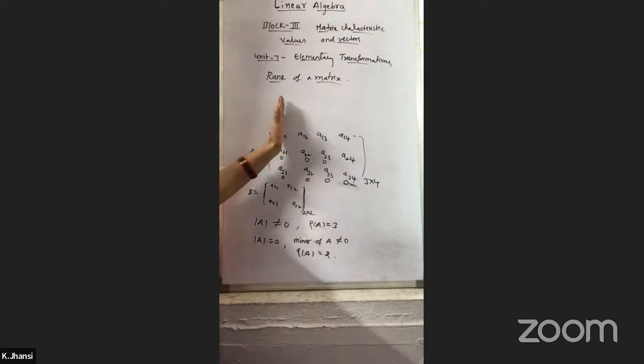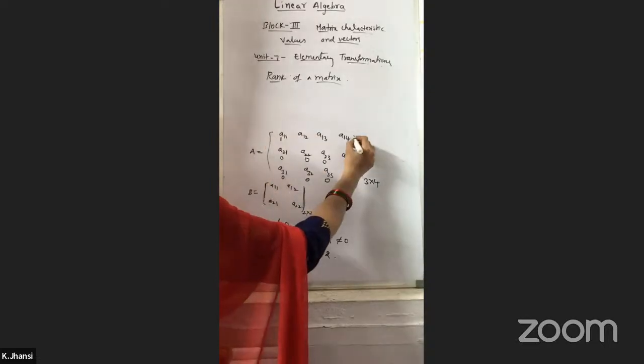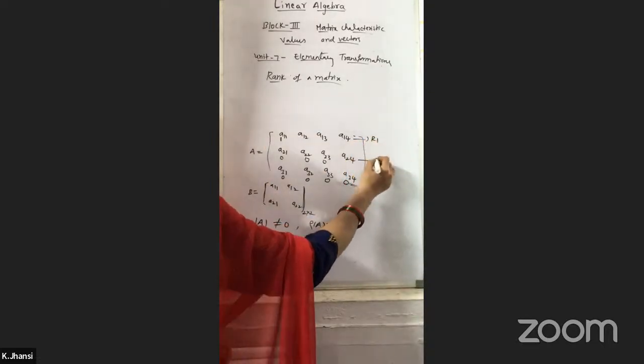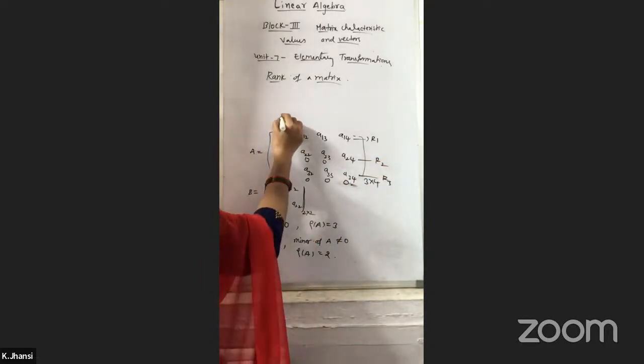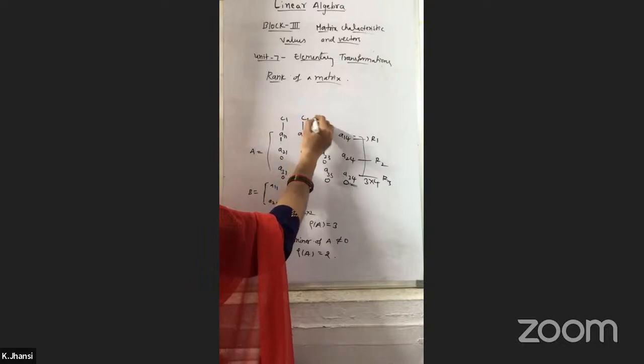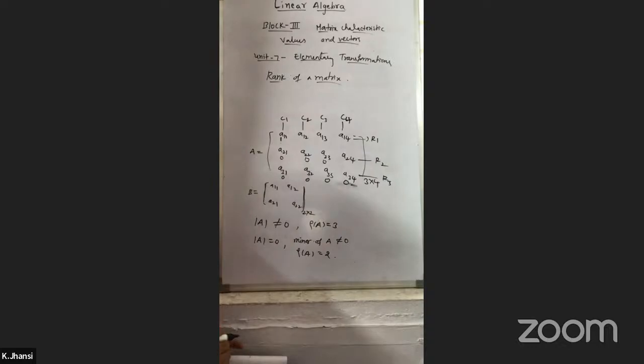If columns, it is C1, C2, C3 like this. So this is R1, R2, R3, and this is C1, C2, C3, and C4. By interchanging rows and columns, we can find the rank of the matrix.